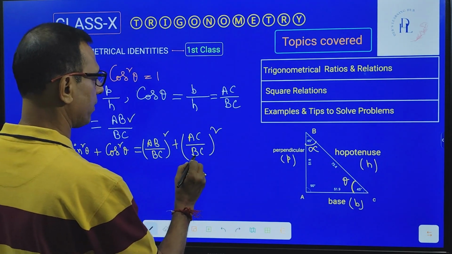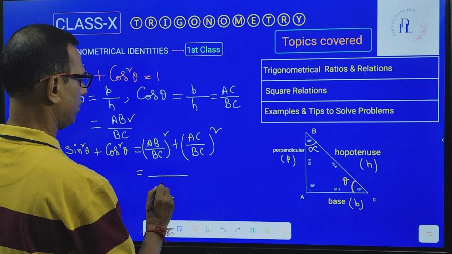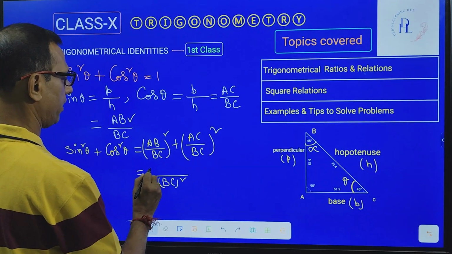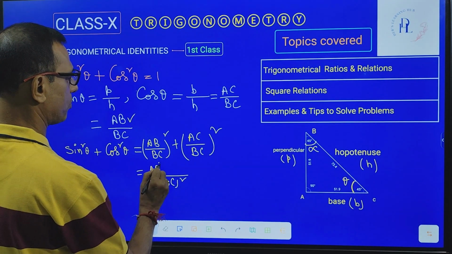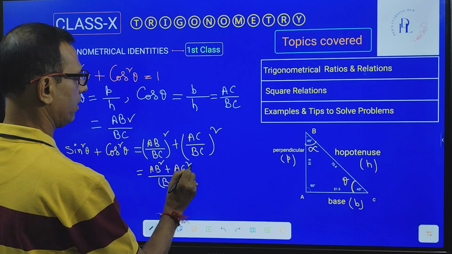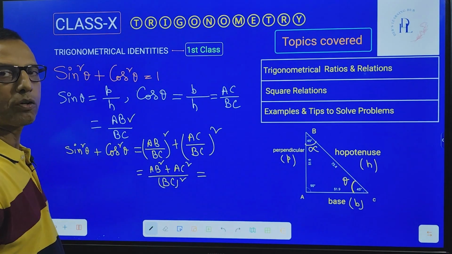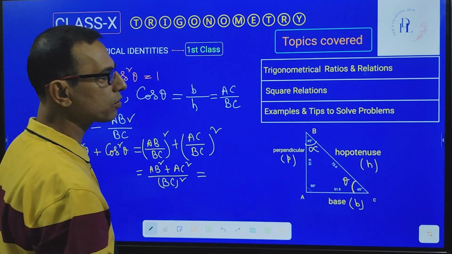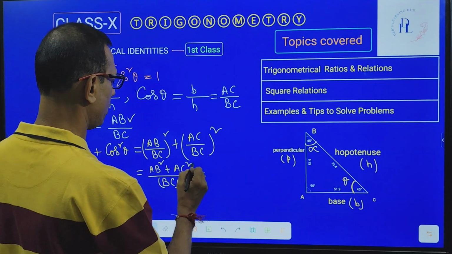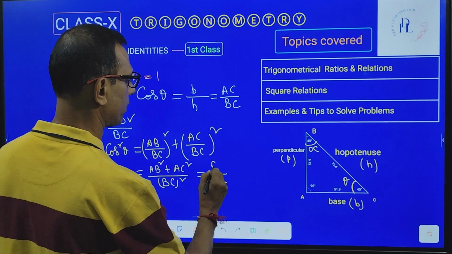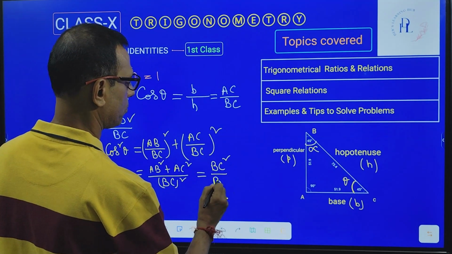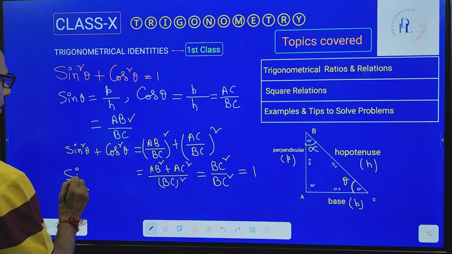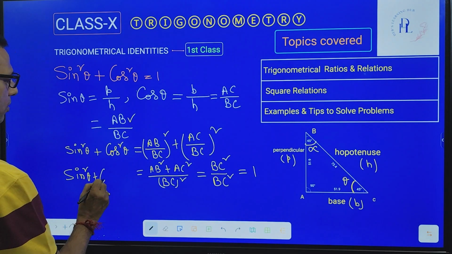That means we can write BC square, and you add up AB square plus AC square. According to the Pythagoras theorem, AB square plus AC square equals the square of hypotenuse. So AB square plus AC square equals BC square. So BC square by BC square equals 1. So this one is proven: sin²θ plus cos²θ equals 1.